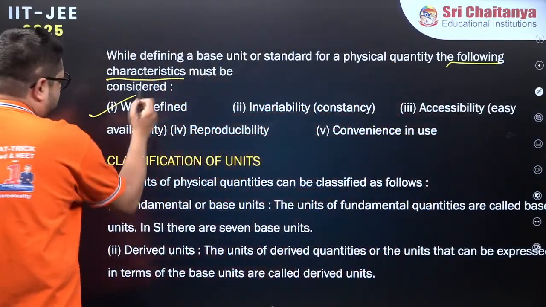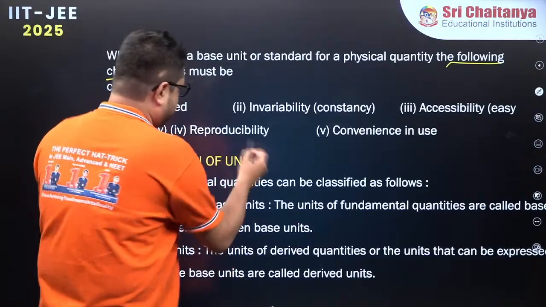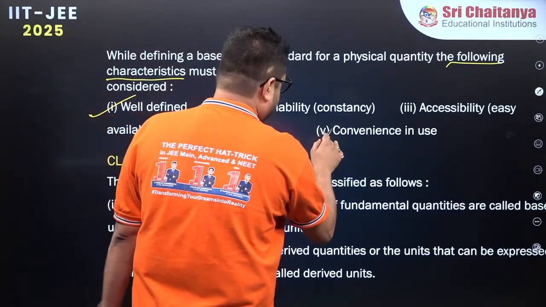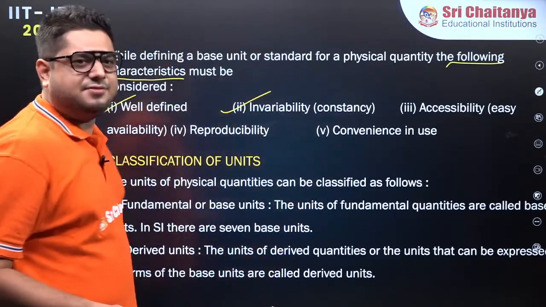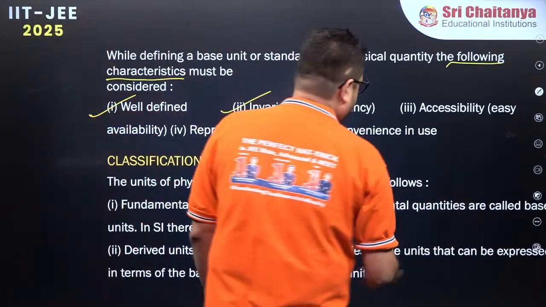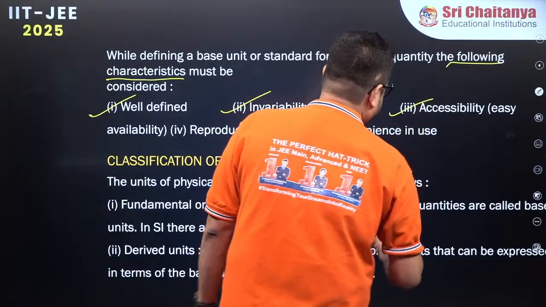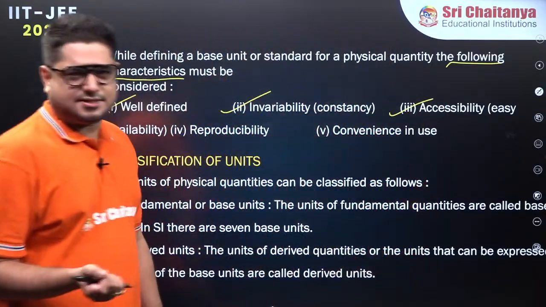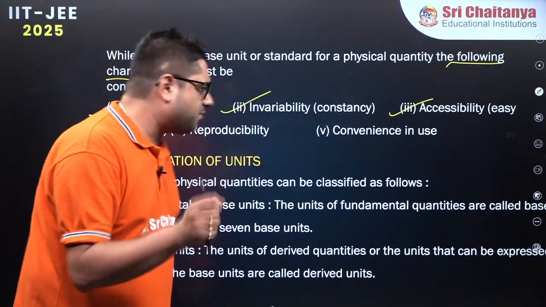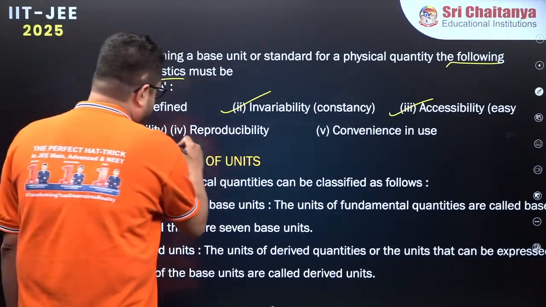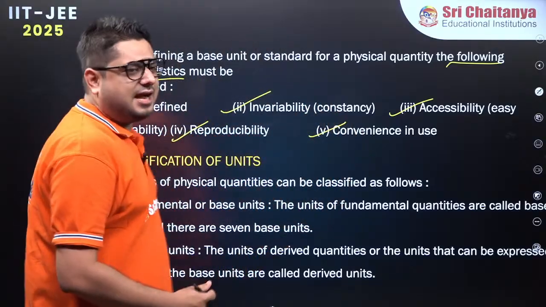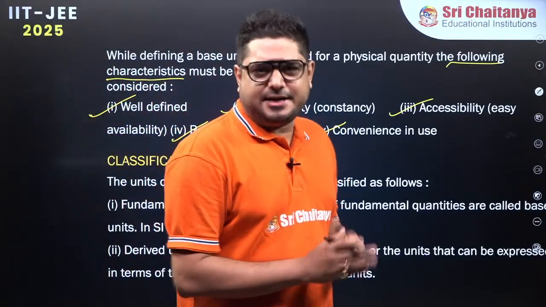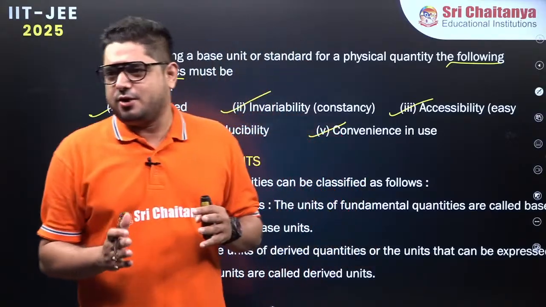They have to be well defined, they have to be consistent, that's invariability, so they have to be constant. Accessibility means they should be easily accessible, easily available. Reproducibility means they can be reproduced, and convenience in use. So these are the 4 characteristics which any fundamental quantity should be following.